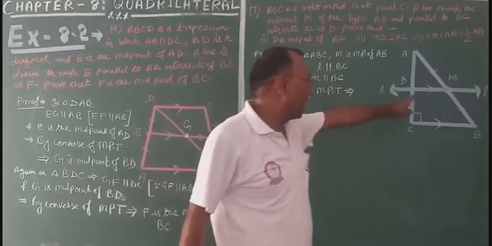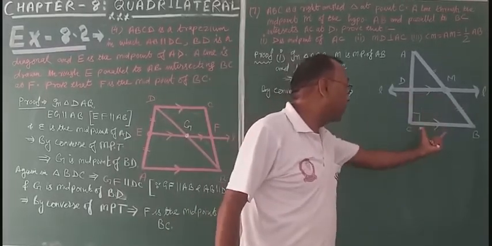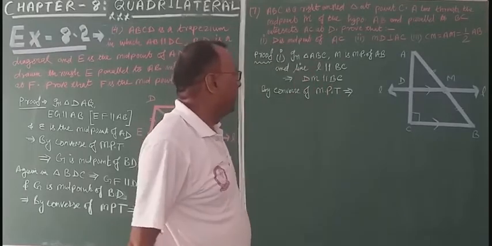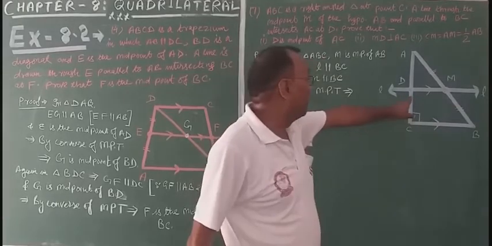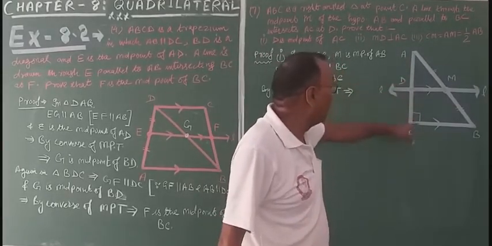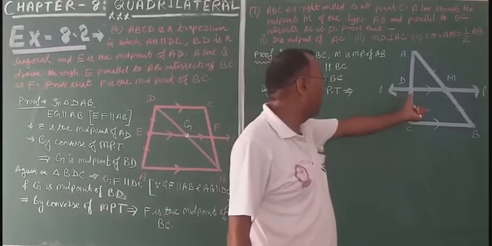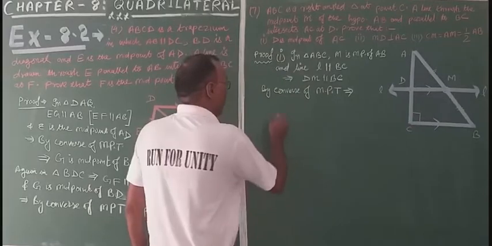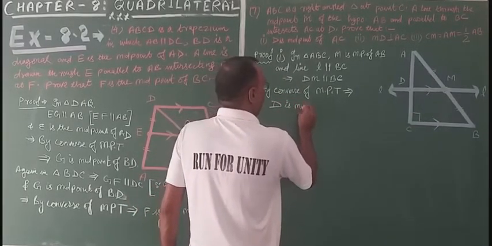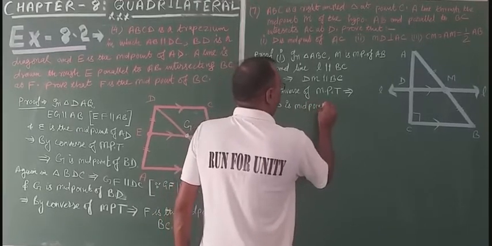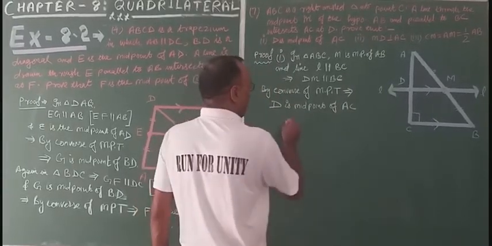This line L was parallel to BC; it is given in the question. Therefore, DM will also be parallel to BC. DM is parallel to BC and M is the midpoint of AB. Therefore, by the converse of the midpoint theorem, D is the midpoint of AC.